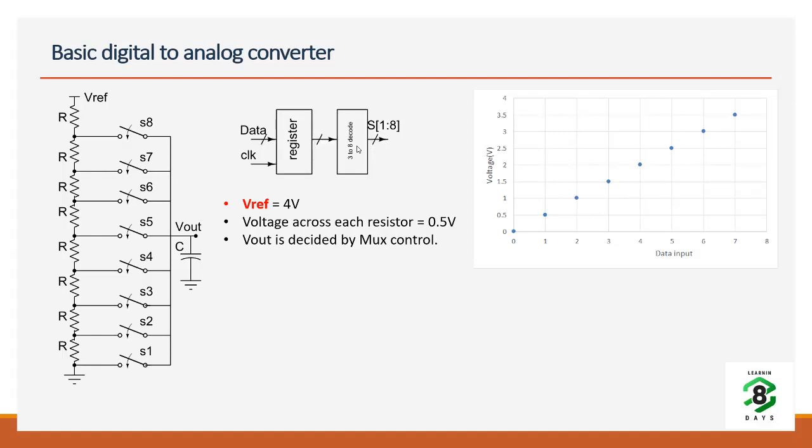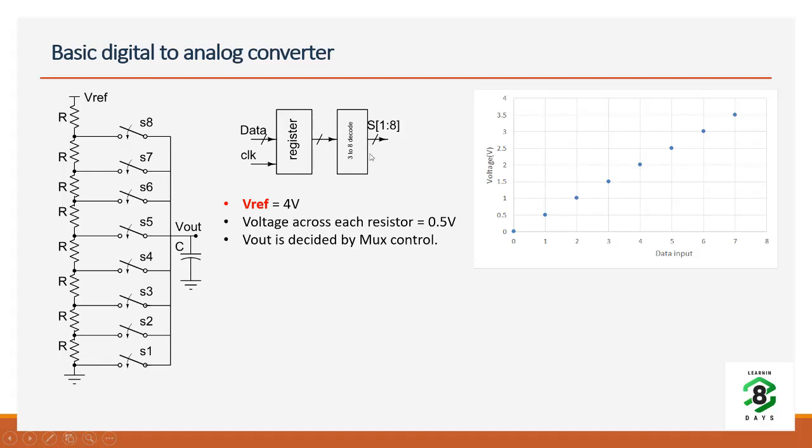Okay, now we have to introduce the sampling step. So how do you generate the signal? If you have the digital number, that is data in for this, and if you have a clock, in this case I'll say this is 50 microsecond. So if you refresh the data in every 50 microsecond, and data is fed over here, then the DAC, and then it goes to the 3 to 8 decoder.